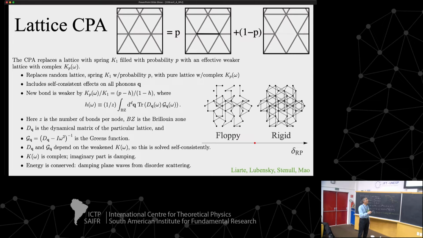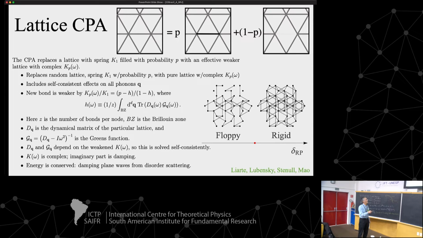So H of omega then will be 1 over the coordination number divided by 2. I don't understand why we have Z being the number of constraints per atom and everyone else has it being the coordination number, but whatever.